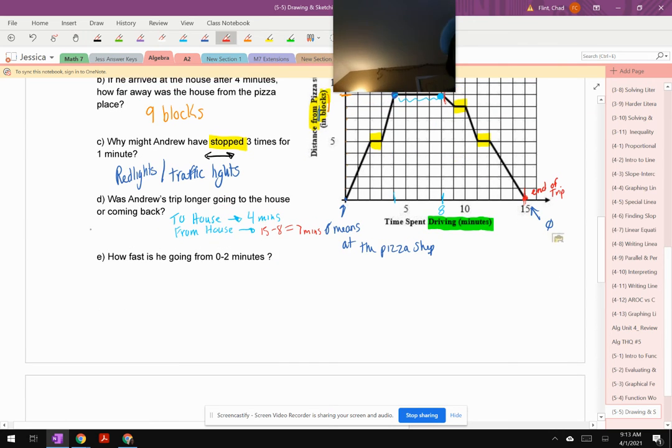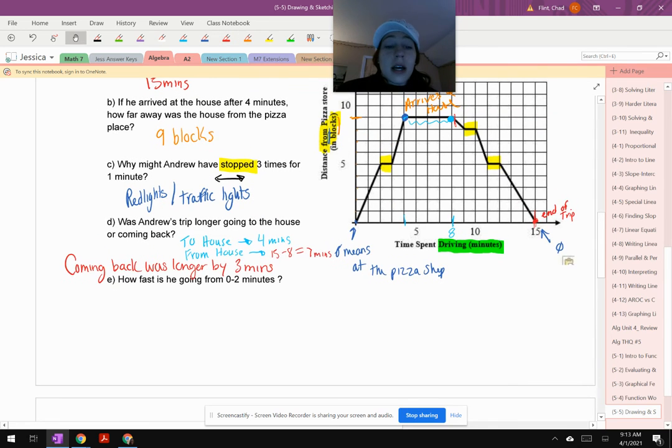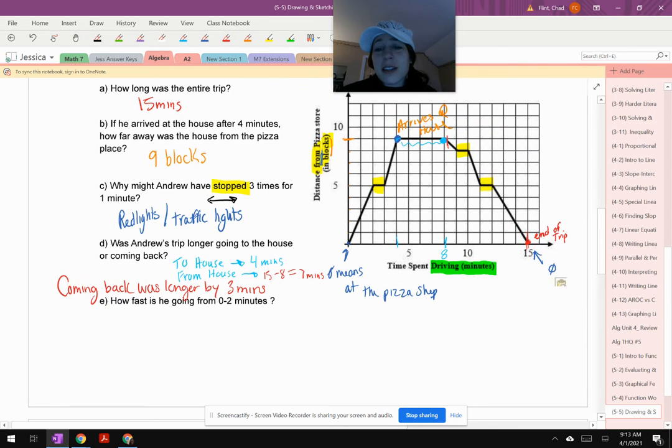Coming back was longer by 3 minutes. And there could be any reason for that. If you're looking at this, he hit 2 red lights, so that plays into it. Maybe he was going slower. Who knows?